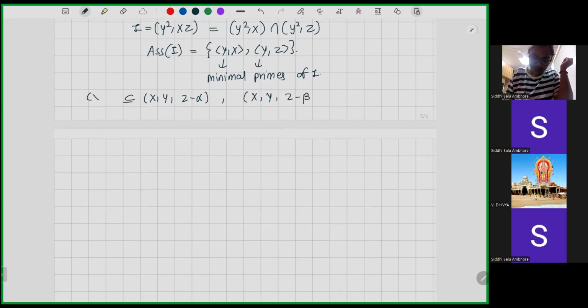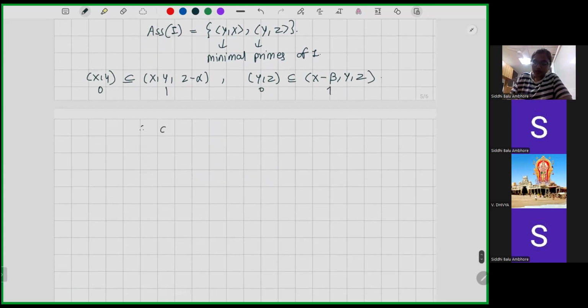This contains (x, y), and this will also be (x minus beta y, z). Okay, so this is my height 0. There is no prime ideal below that which contains I, and this is 1. This is 0, this is 1.